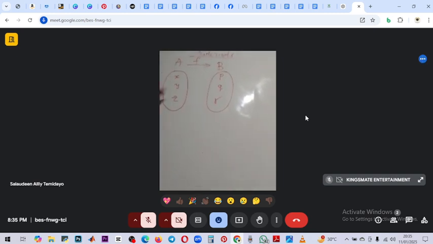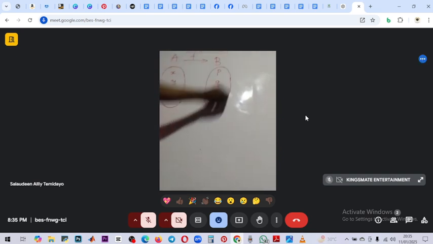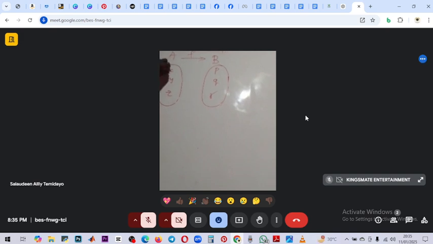In a function, everything here is said to match something here. You should note that every element here must match something here. So this is B. The function is f.